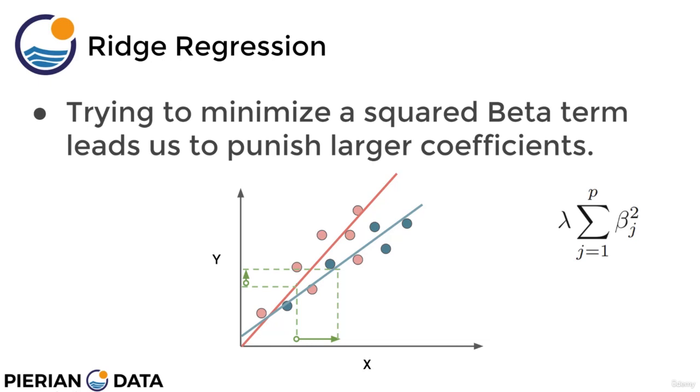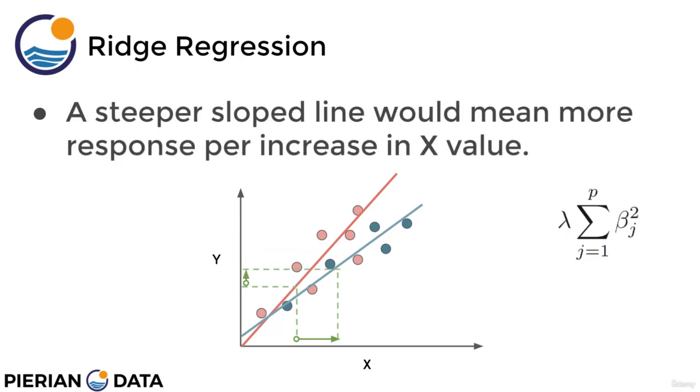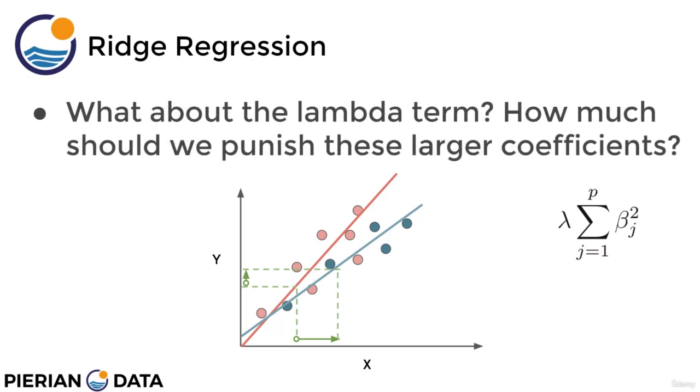So you're going to punish something that's really steep, even if it fits well to the training data. So hopefully that leads to less overfitting. Again, in the case of a single feature, that larger beta means a steeper sloped line. And a steeper sloped line would mean more response per increase in x value, unlike if you were trying to minimize that additional shrinkage penalty.